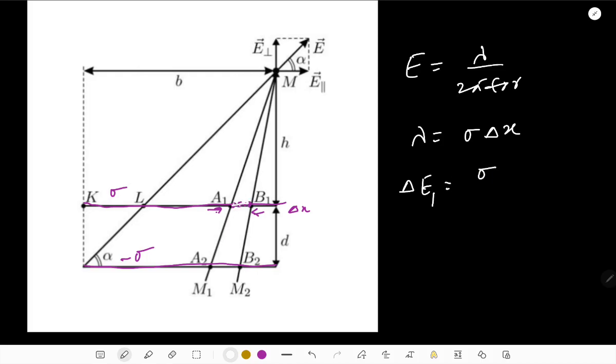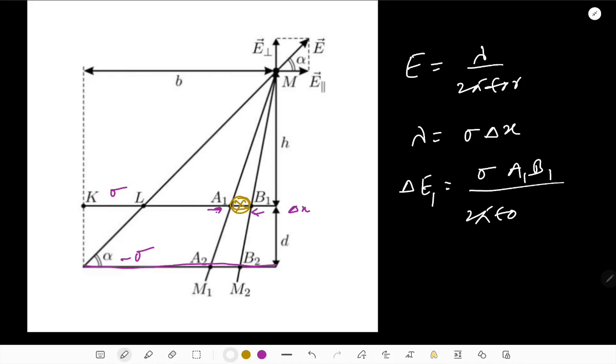Here in this picture you can imagine this width like this, this is a long wire, then you can write this statement: sigma times the width, which is obviously A1B1, divided by 2 pi epsilon naught r.